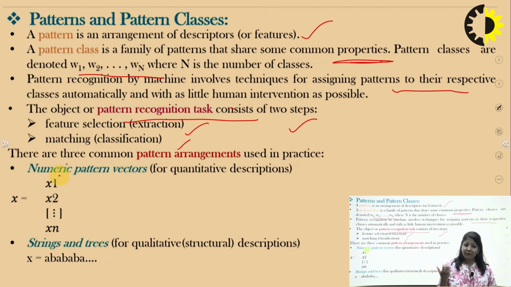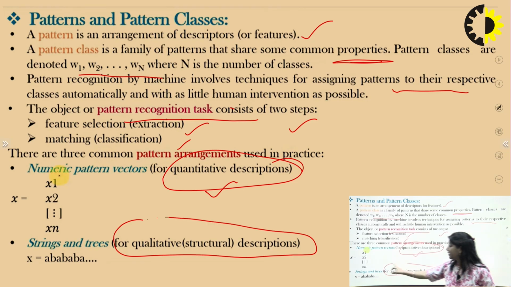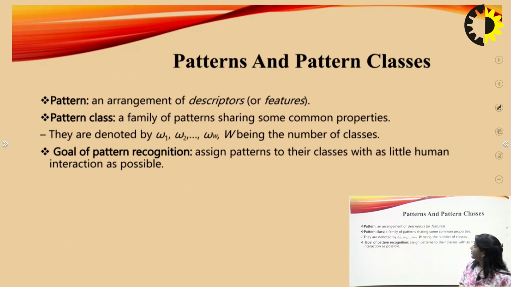Firstly we have to extract the features, then we classify which kind of image belongs to which pattern. There are three types of common pattern arrangement: numeric patterns, meaning quantitative, and qualitative, meaning strings and trees. So there are two methods to identify these patterns. Pattern and pattern classes we already learned.